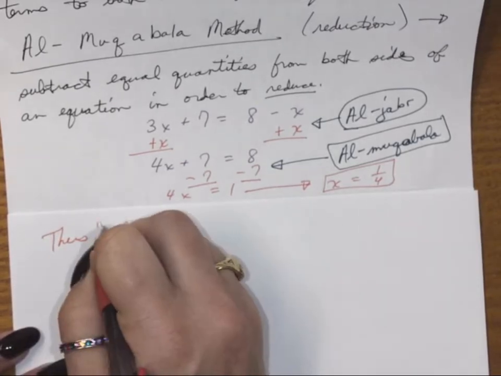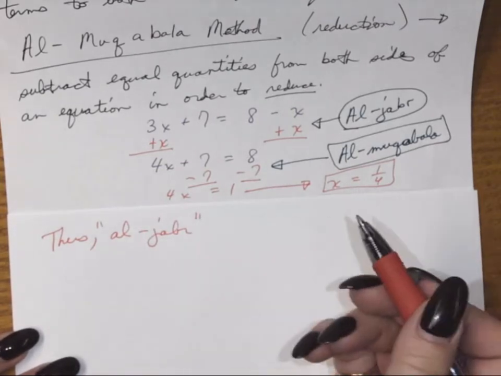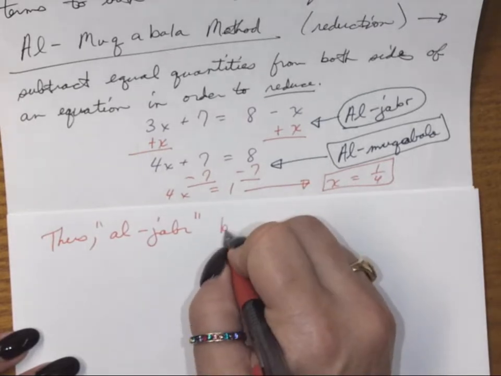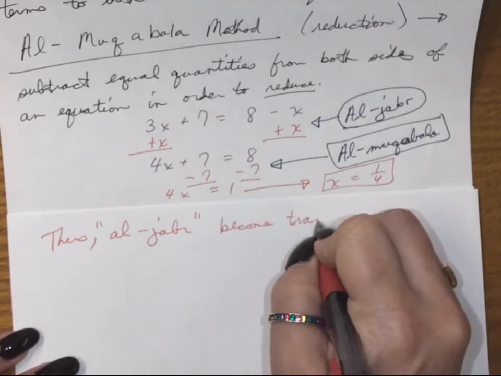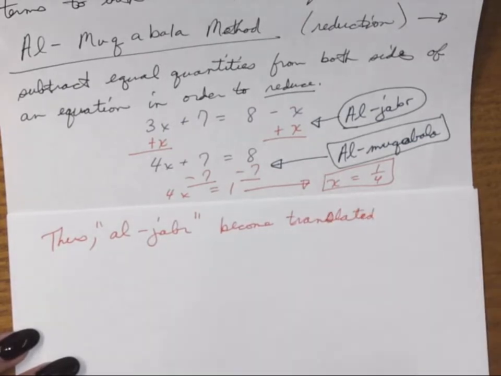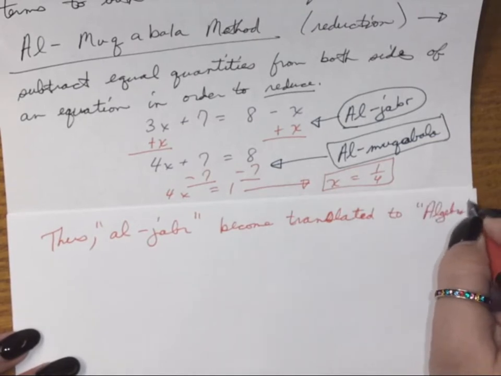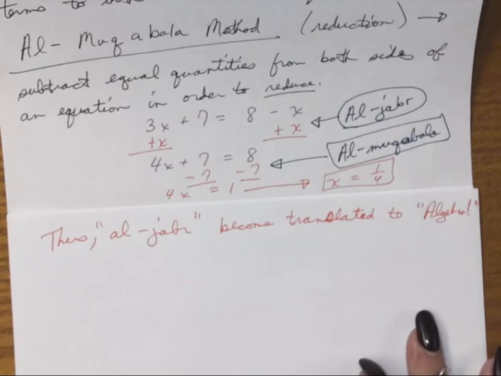What happens is Al-Jabr, which is this process of adding the same quantity to both sides, becomes translated from the Arabic into the English, and we would call it algebra. Very, very similar words. It's something that's transferred over from their language to ours, and so we see it in there. All right, so that's the kind of stuff that he was working on from the algebraic standpoint.